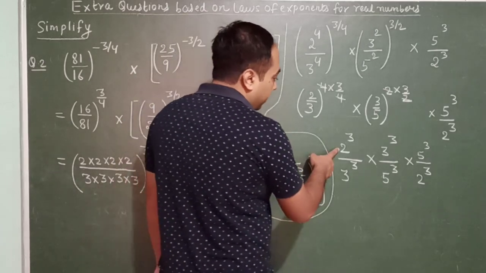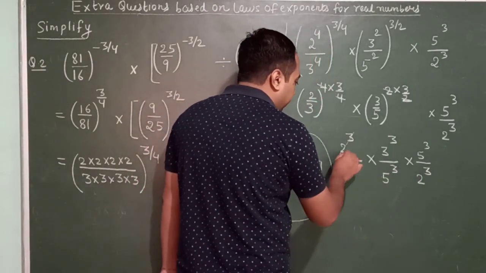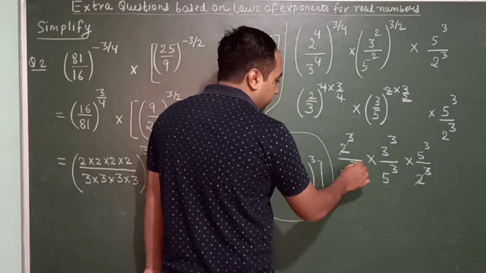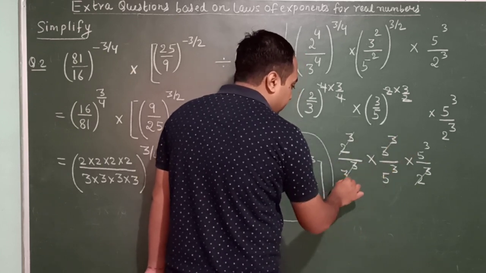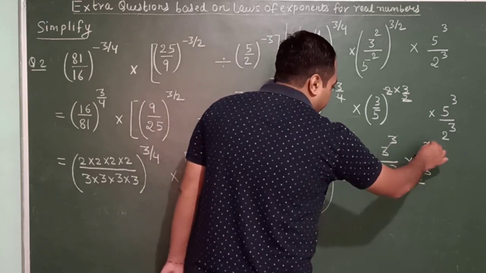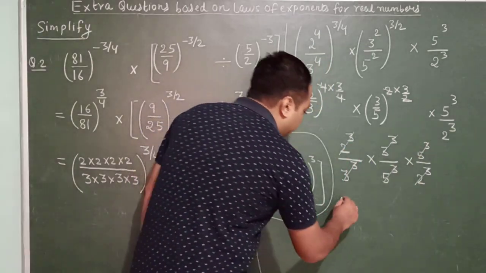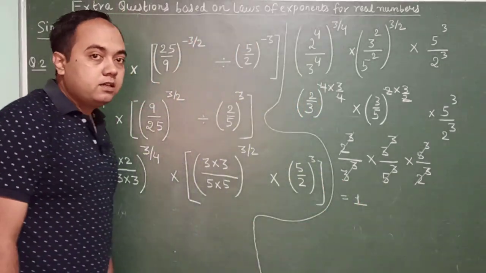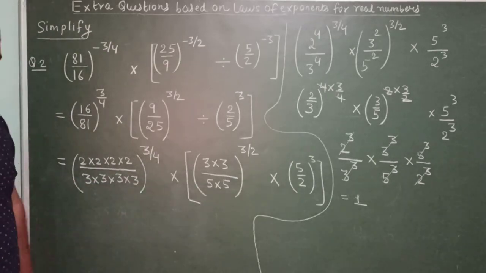Now 2 power 3 is in the numerator, as well as there is 2 power 3 in the denominator, so they will get cancelled. 3 power 3 is in the denominator, as well as 3 power 3 is in the numerator, they will get cancelled. In the same manner 5 power 3 and 5 power 3, they will get cancelled, and we are left with 1. So this is the simplification of question number 2. Please note it down.